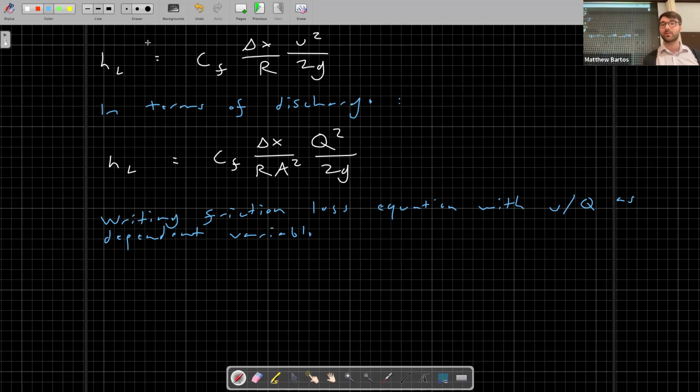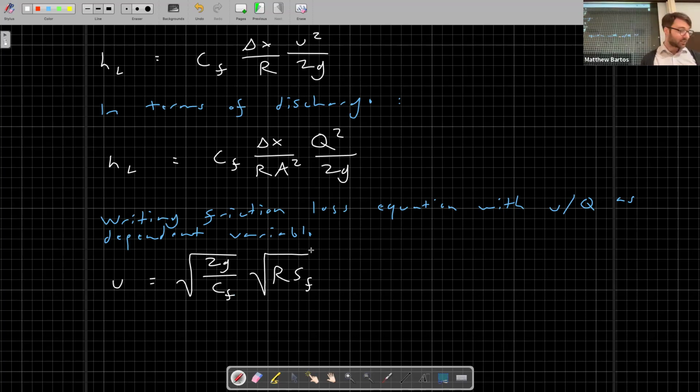We take this first expression here and just rearrange it for U on the left-hand side. We'll get that U is equal to the square root of 2G divided by our drag coefficient times the square root of the hydraulic radius times the friction slope.